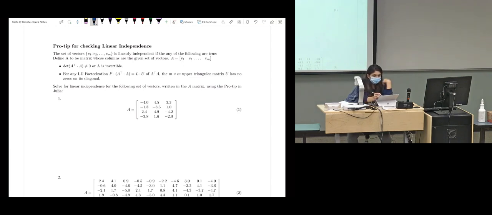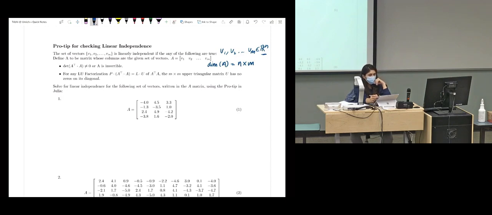So if v1, v2, vm lie in the set Rn, I can conclude that the dimensions of A will be n cross m, where each column will come from the different m vectors, and n will come from the length of each of those vectors.